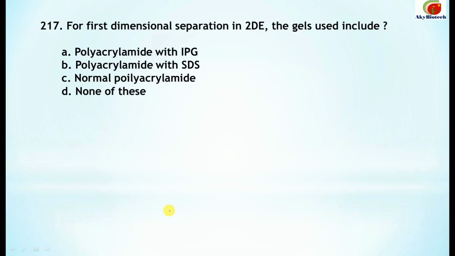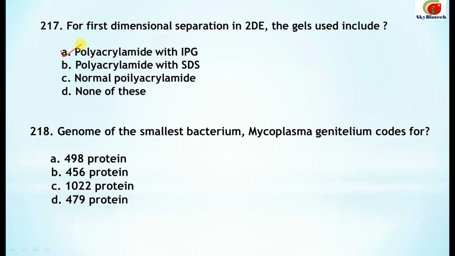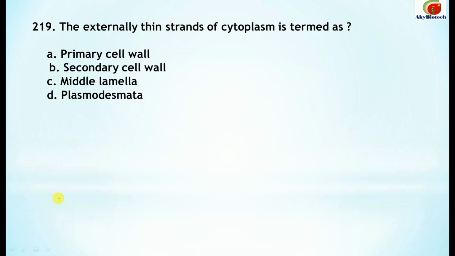Number 217. For first dimensional separation in 2DE, two-dimensional electrophoresis, the gels used include polyacrylamide with IPG. Genome of the smallest bacterium, Mycoplasma genitalium, codes for 479 proteins. 219.